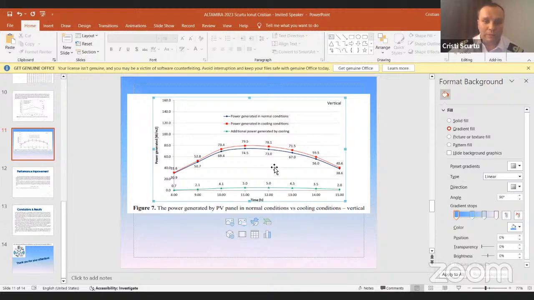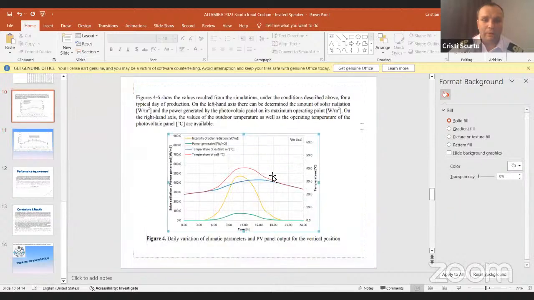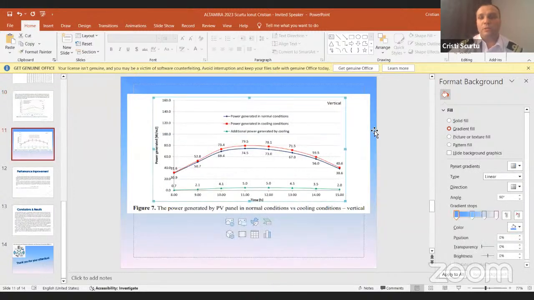And we have to think that at 12 o'clock we have the highest temperature, which is, let's say, a cell temperature of more than 40 degrees. You can see all this data here. We will post the presentation in the chat with a link for transfer.